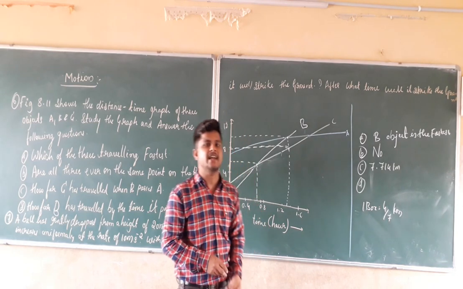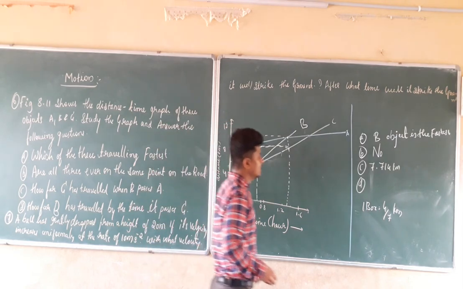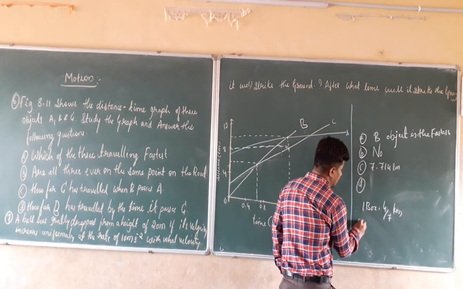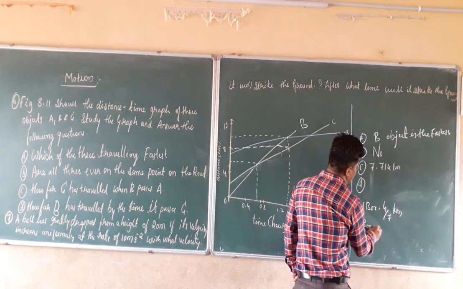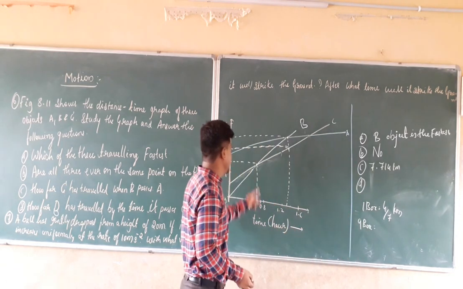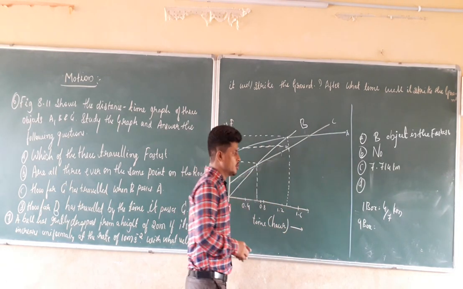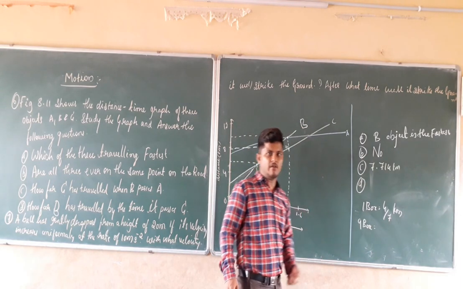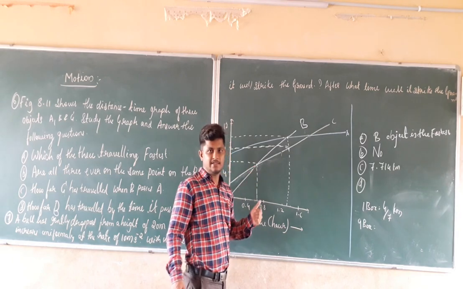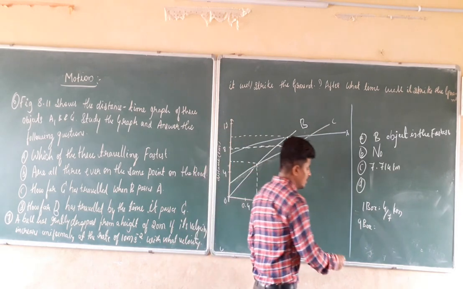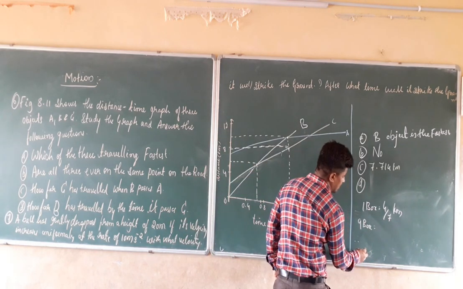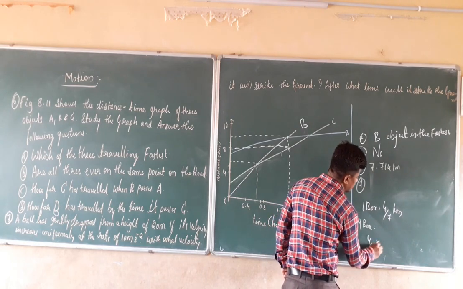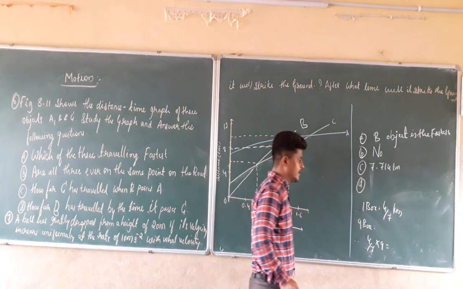It is exactly 9 boxes. 9 boxes are covered while B is passing C at this point. So to find the answer, that is 4 by 7 into 9.